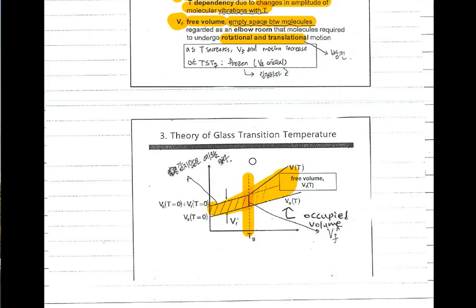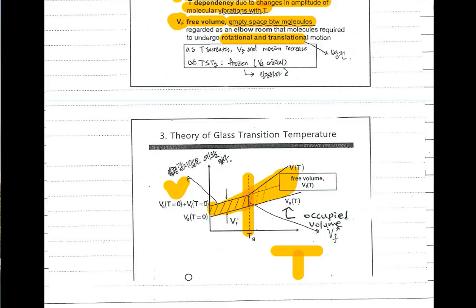But above Tg, you remember that there are more cooperative polymer chain motions, including tens or even hundreds of polymer segments. That's why above Tg there is more free volume increase here. That's why if you plot volume as a function of temperature, there is a slope change for the total volume.